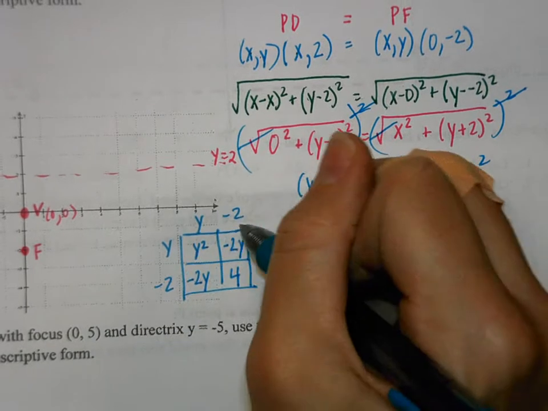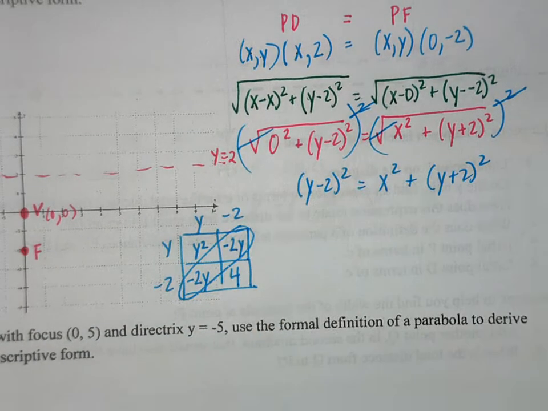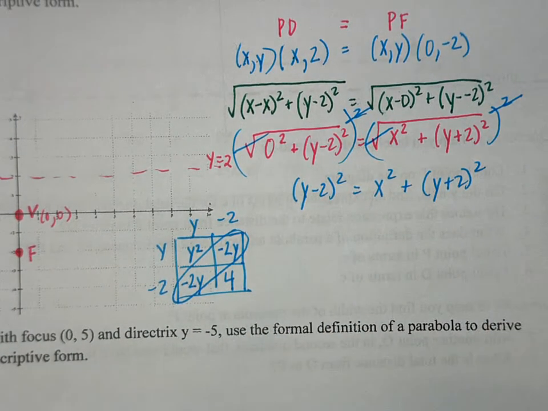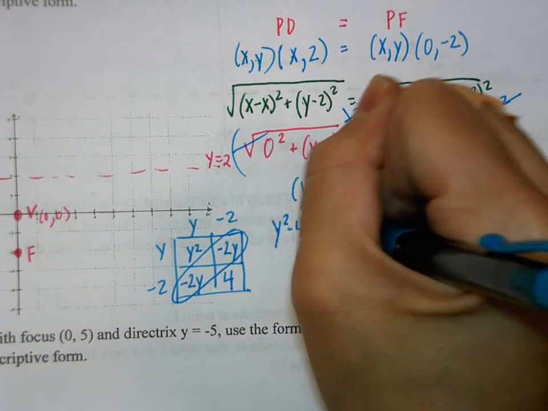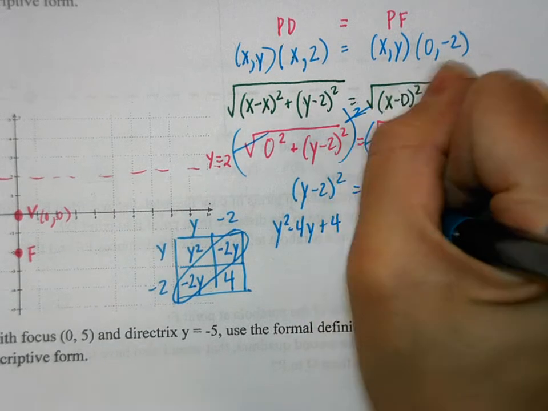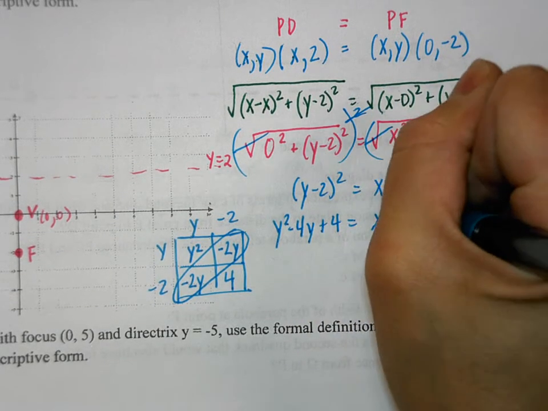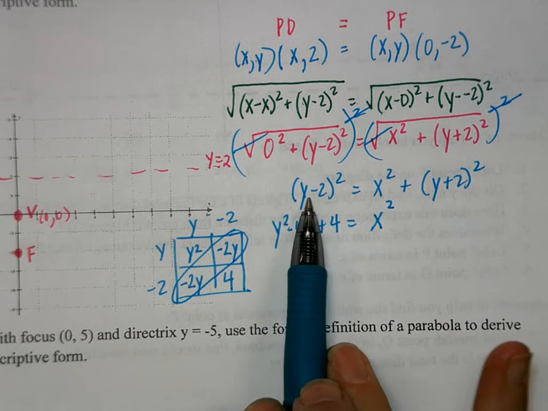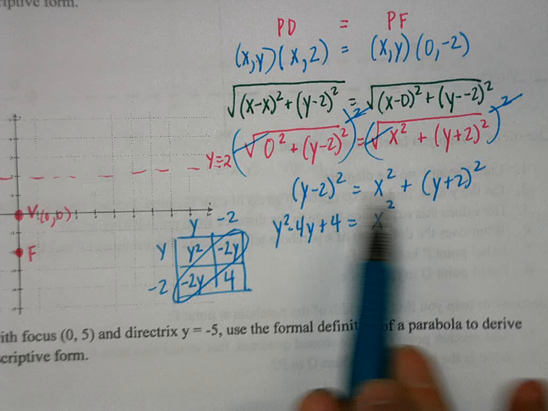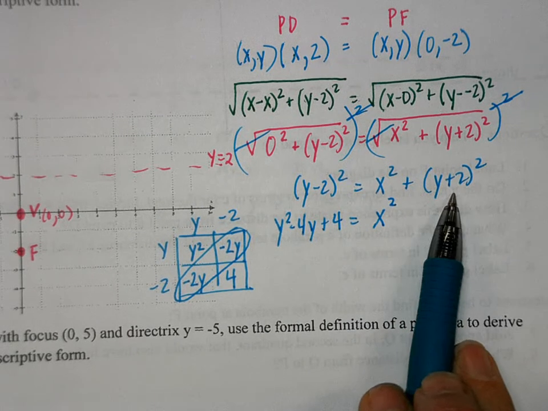Our diagonals right here, these are like terms. And so when I write this out, I have what? Well done. Y squared minus 4y plus 4 equals, I still have this x squared there. And then I'm going to multiply this out. What is different between this one right now and this one? This one has a negative, this one has a positive.